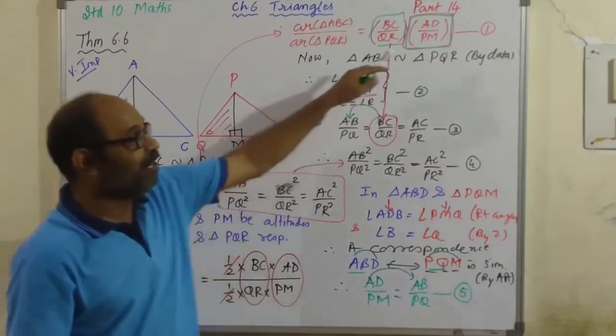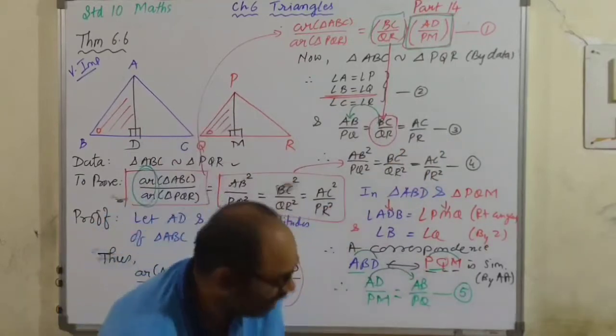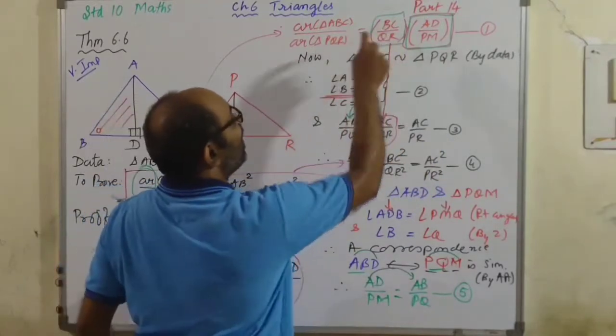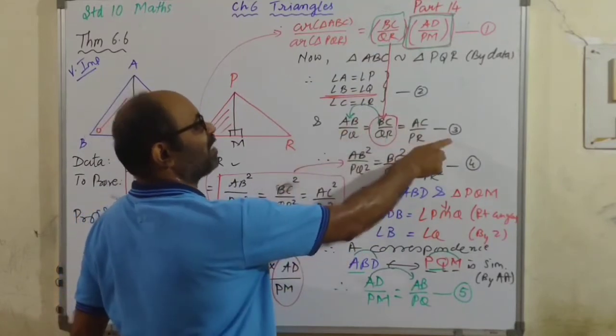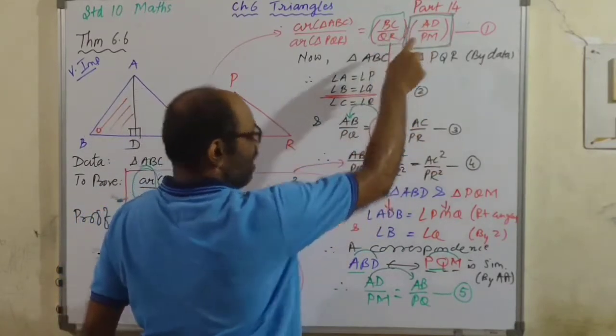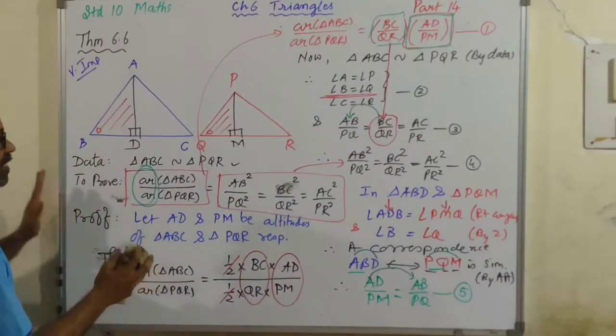So we are going to use the result 1, 3 and 5. BC upon QR की जगह पे हम लिखने वाले हैं AB upon PQ from result 3 और AD upon PM from result 5. Okay, I'll erase this part.